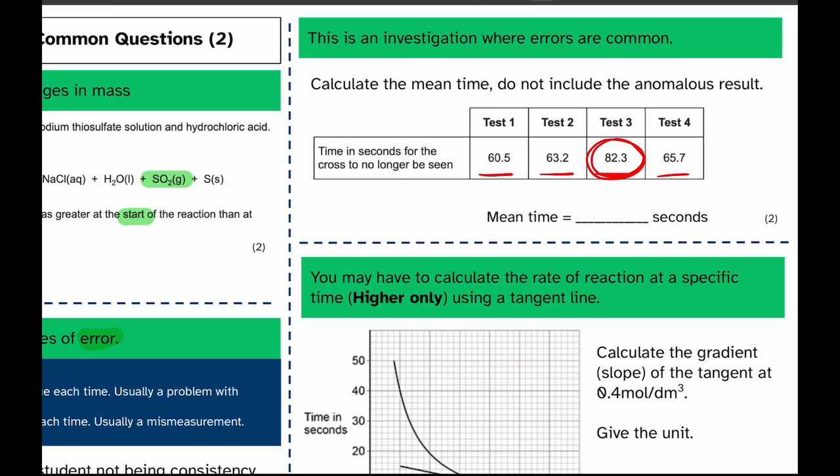They'll be very clear and very obvious in the exam, and they might even say there is an anomalous result, do not include it, like I've said in this question. If that is the case, then obviously we've only got 3 valid results, so you would just add together your 3 valid results, 60.5 plus 63.2 plus 65.7, and you divide that by 3 in order to give you the mean time.